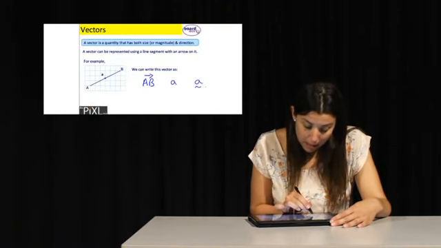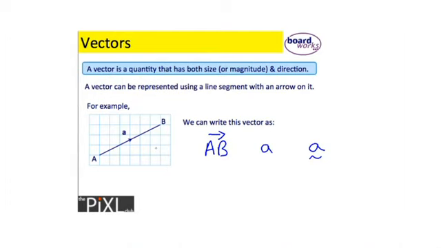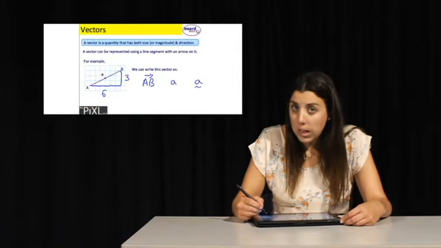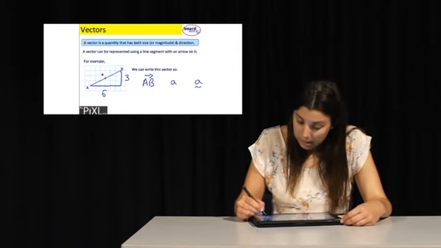You can see from A here to B, we can travel along here, the horizontal, 1, 2, 3, 4, 5, 6 units. And to get from here to B, we travel up 3 units. And we can express this as a column vector.